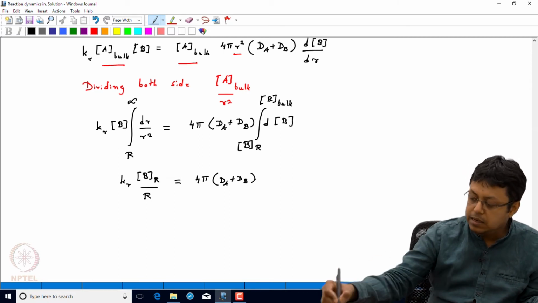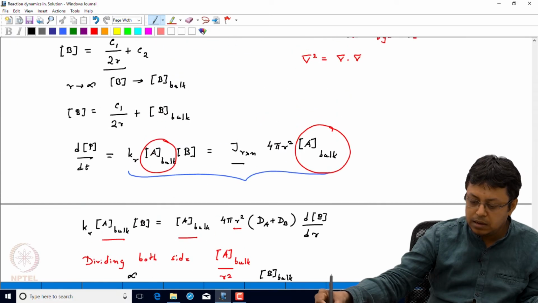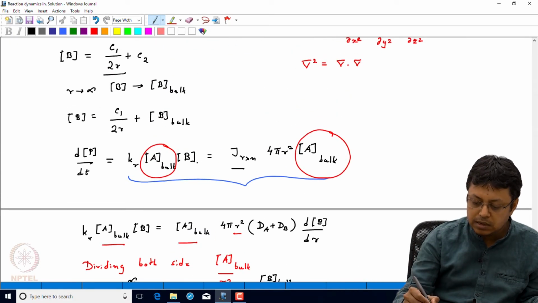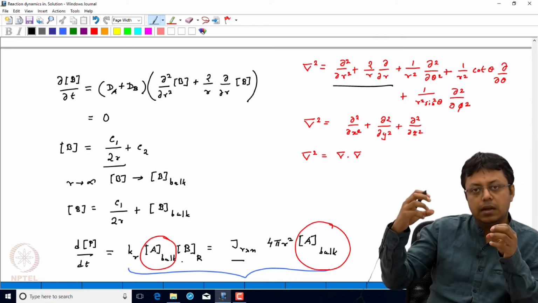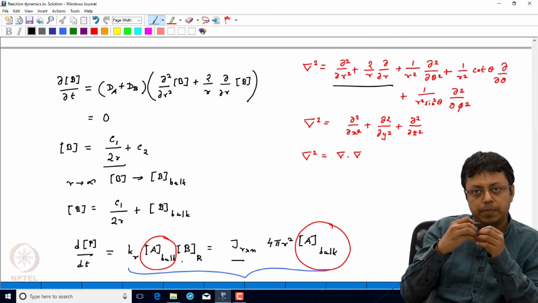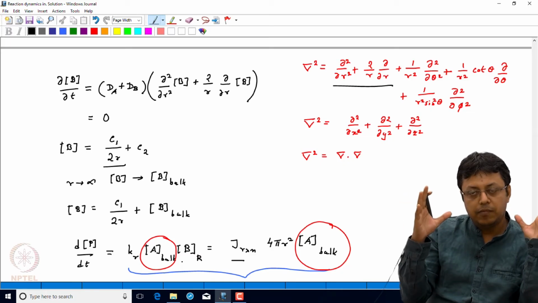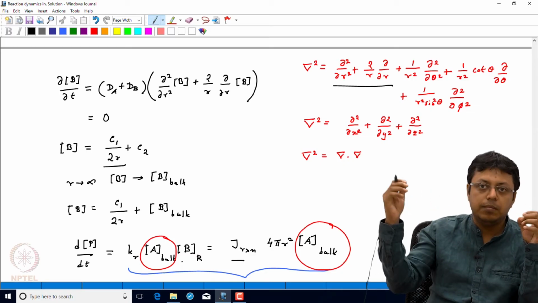Since we are writing the local concentration as Br, let us also use this notation here. It should be Br, because if you remember what is happening here, I have a bulk concentration of A. So A is everywhere, and I am fixing A as if A is not moving and B's are moving.